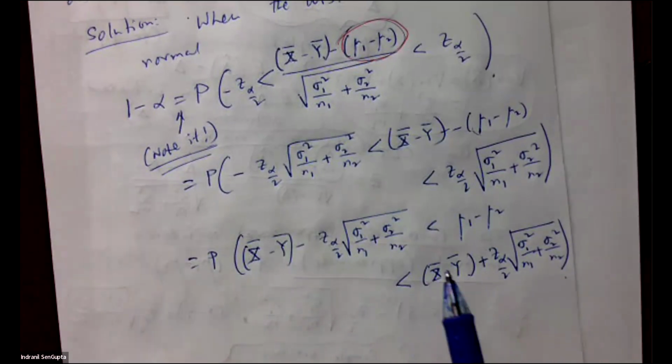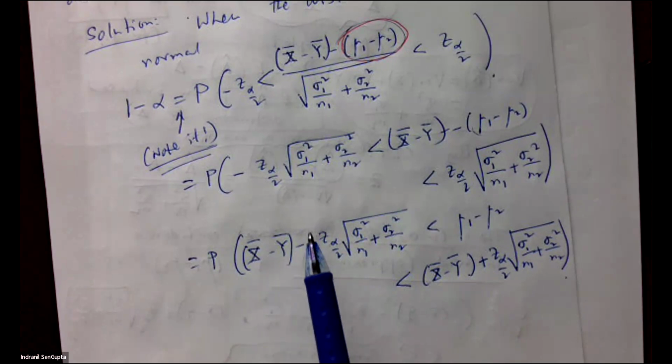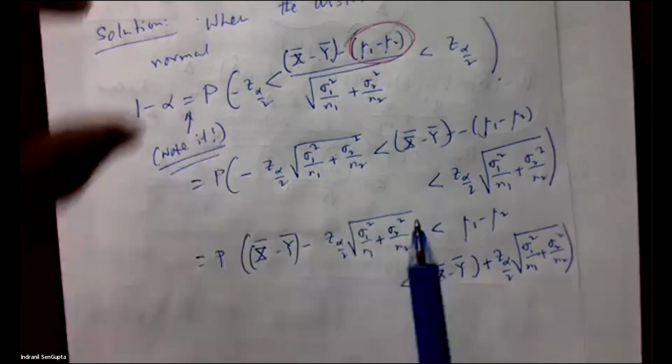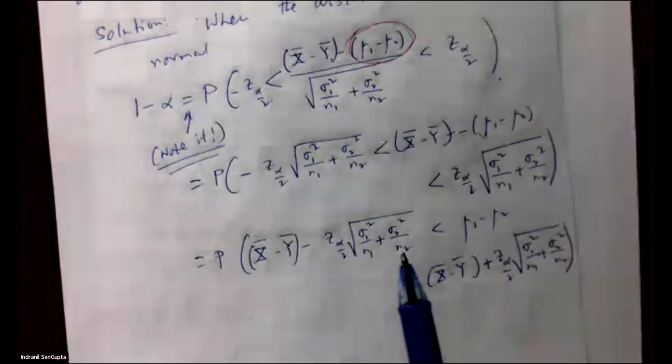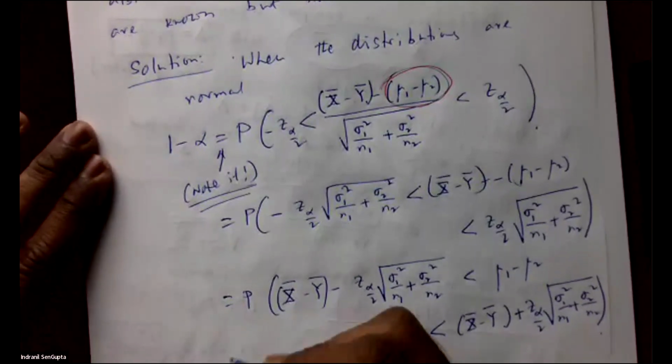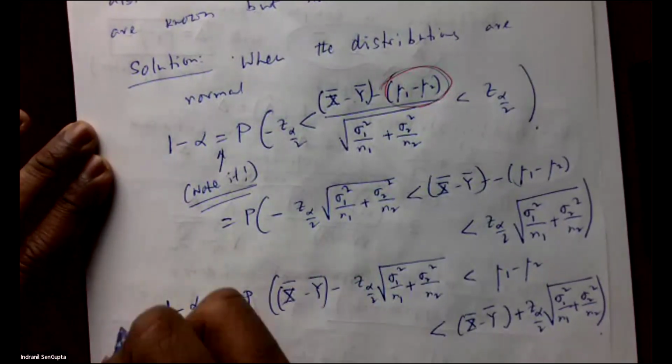Okay, so that is how you compute the confidence interval, and this is exact. In the previous case, it was approximate, because you didn't know anything about the distribution. If you happen to know the distribution, this is 1 minus alpha, and that is the answer.